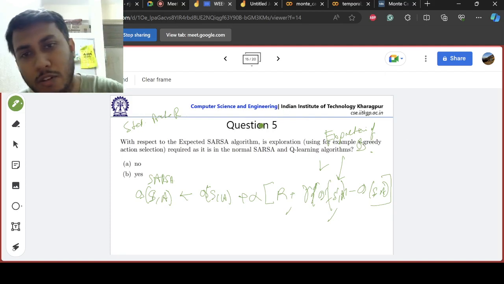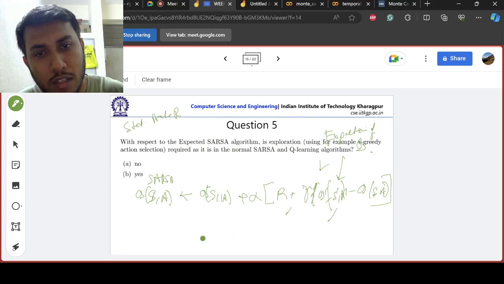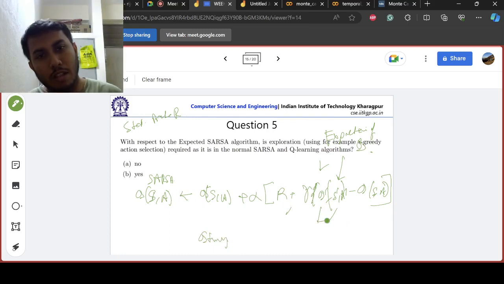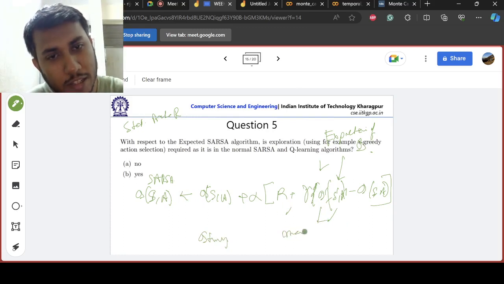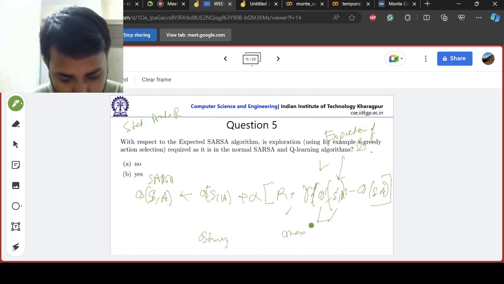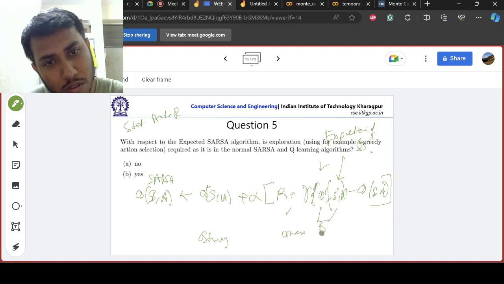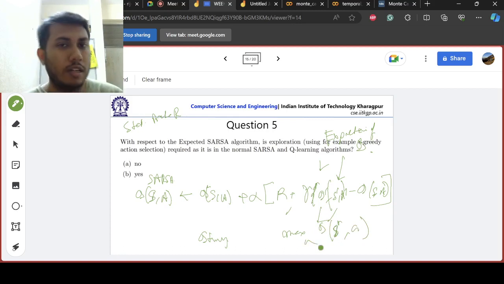Right, and then you have your Q learning. What you do in Q learning, you just simply take the max instead of this expectation of Q dash thing. You just take the max, take the max Q for state s dash, you select the max Q, right?